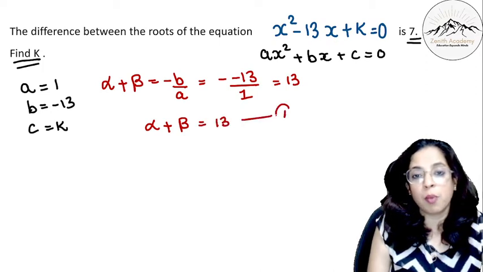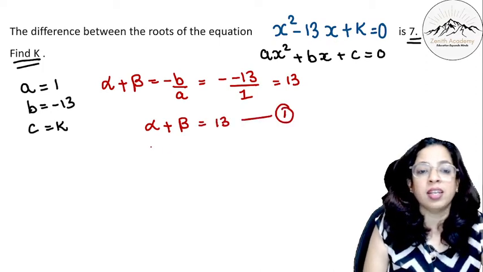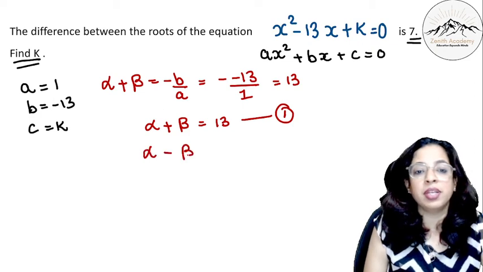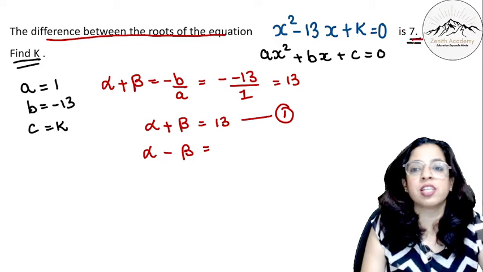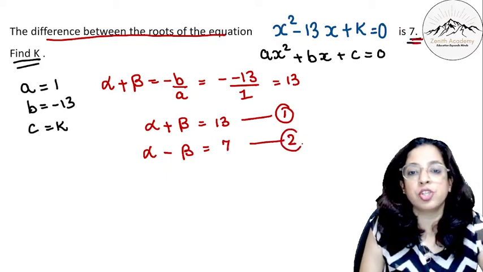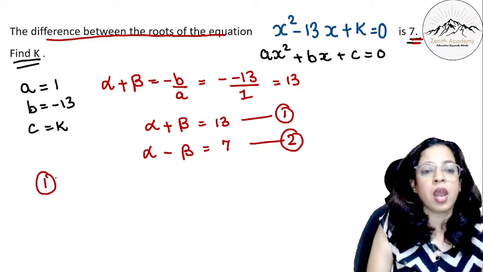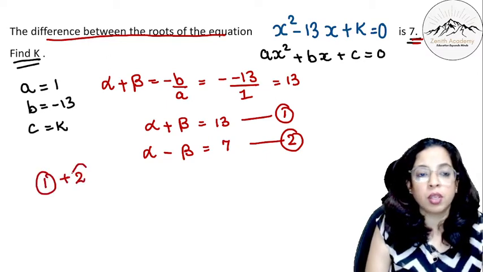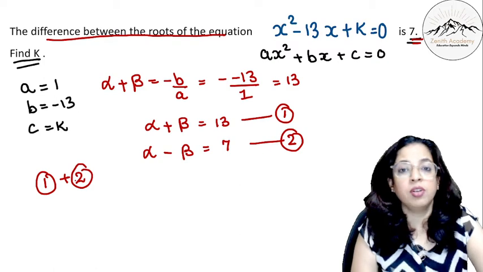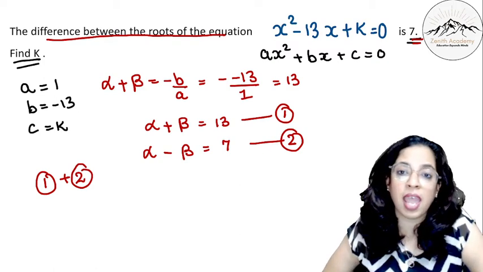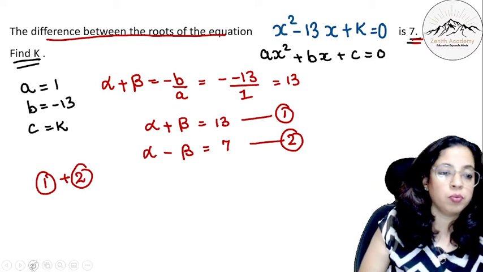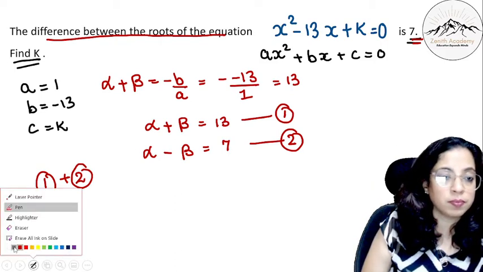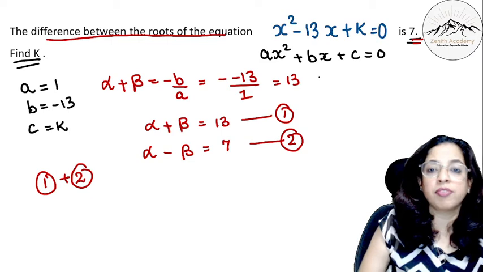So alpha plus beta is equal to 13. This is equation number 1. And it is given that the difference between the roots of this equation is 7, so alpha minus beta is 7. This is equation 2. So if you add equations 1 and 2, you will get the values of alpha and beta. Then you have to find the value of k.